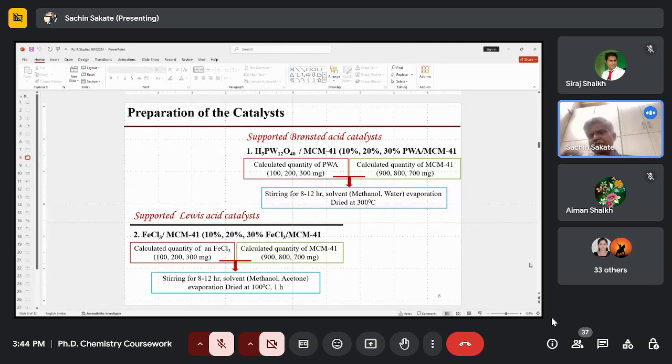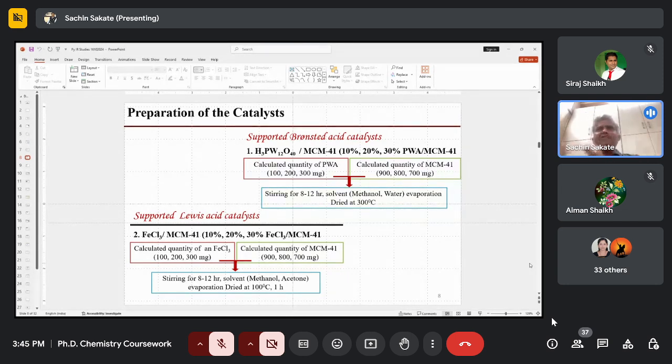You can have different solvents as per your requirement, methanol, water, and stir it continuously for about 8 to 12 hours. Evaporate the solvent, dry the catalyst at up to 300 degrees centigrade, and use this catalyst for various applications or your research work.